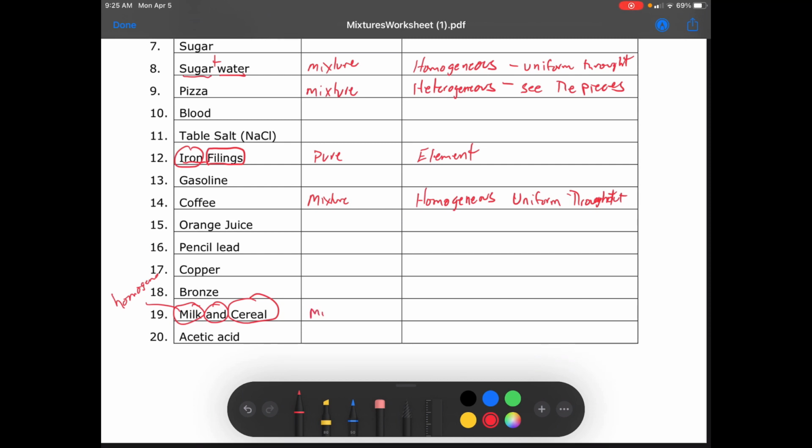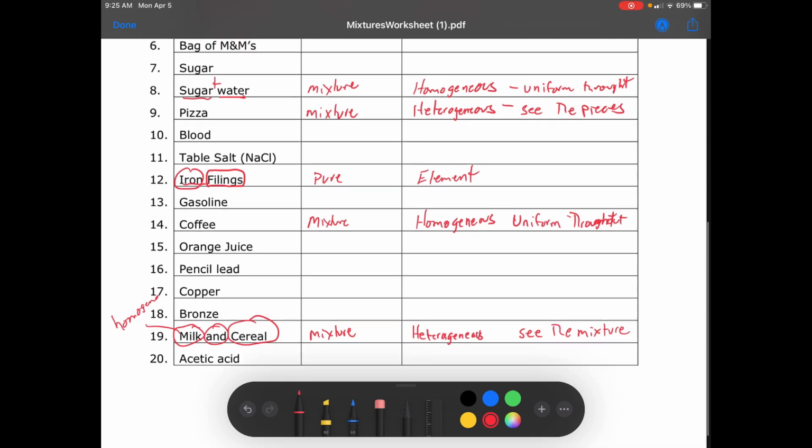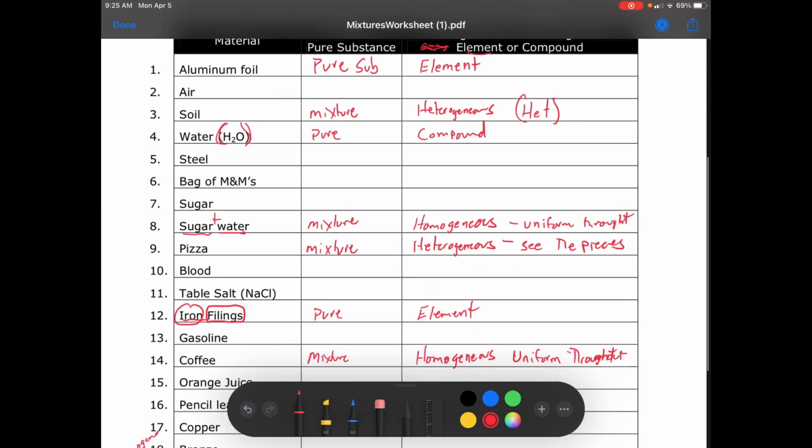So this is a mixture, and if you can see the different pieces, the different parts of the mixture, then it is called a heterogeneous mixture.